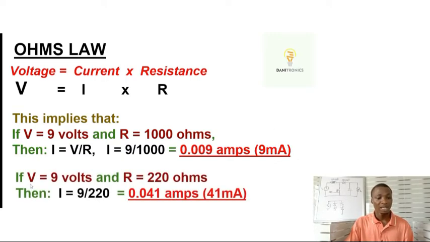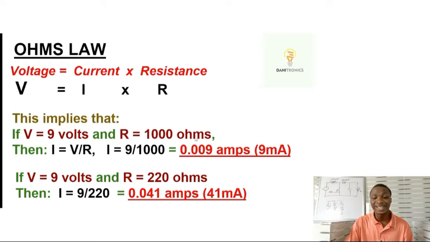But if we have another system where the voltage is 9 volts still, but the resistance is 220 ohms, you can see this 220 ohms is far less than 1000, but same voltage. You see that I is equal to 9 over 220, and that's 0.041 amps. That's 41 milliamperes.